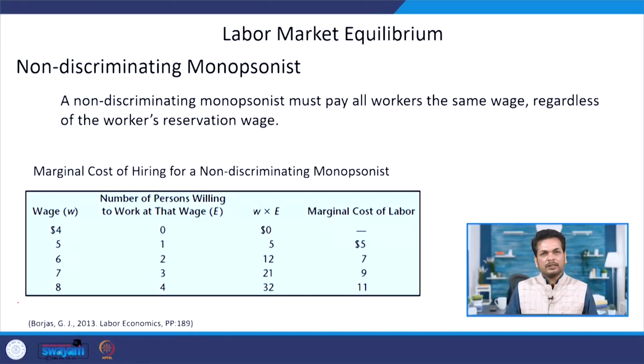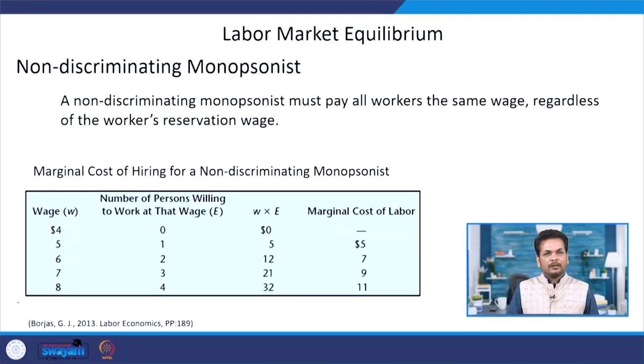Therefore, the labor supply curve is no longer going to give the marginal cost of hiring. So, let us look at how the labor supply curve and the marginal cost curve of the monopsonistic labor market look for a non-discriminating monopsonist.